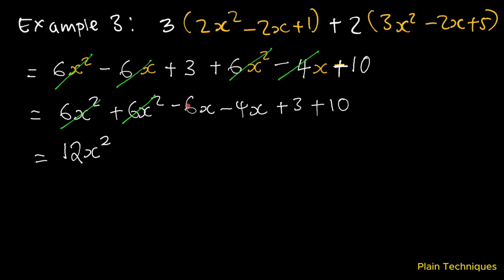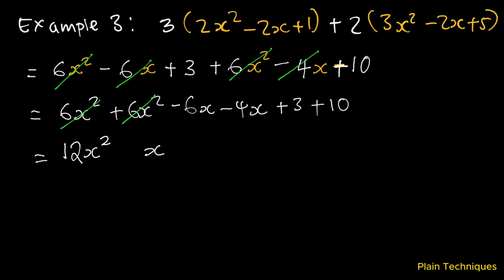Okay. Now the next one is minus 6x minus 4x. What is the like term? The like term is x. x is common. So I'm going to go ahead and put x here. Okay.